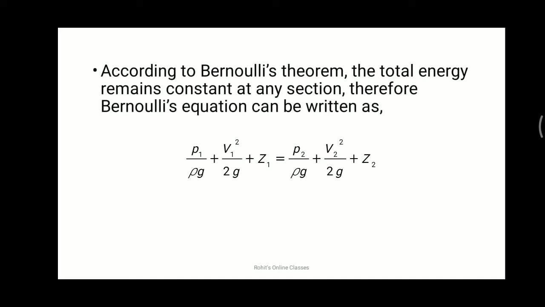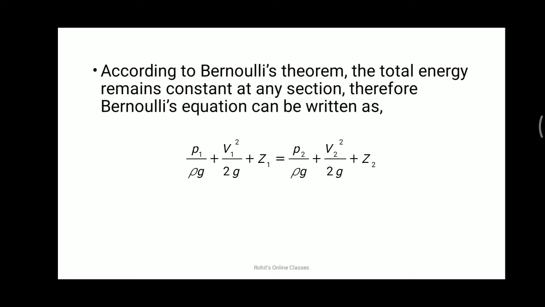Okay, जितने भी आप sections ले रहे हो, at all the sections, the pressure energy plus the kinetic energy and the potential energy, the addition of all these three energies remains constant. Okay, तो summary क्या है Bernoulli's theorem का और Bernoulli's equation का? The total amount of energy remains constant at all the sections of the pipe.